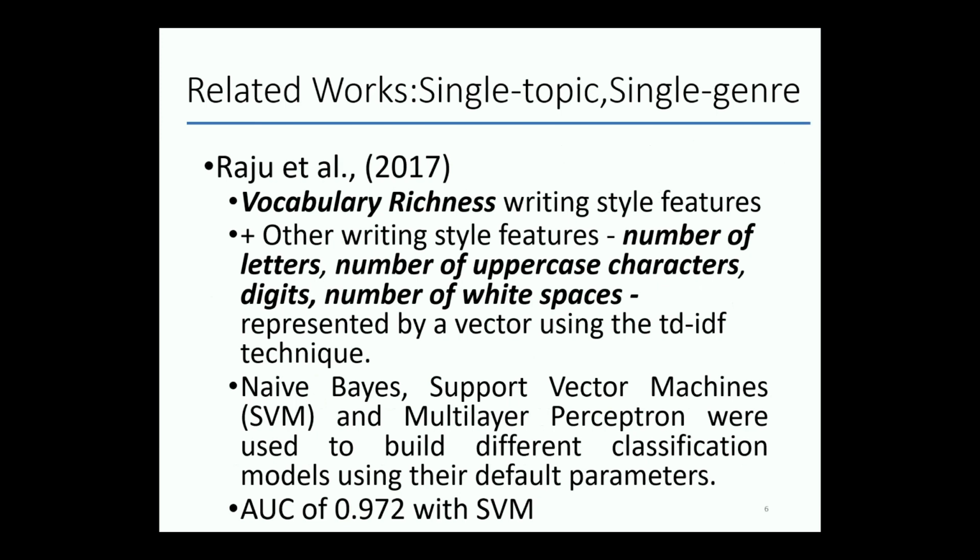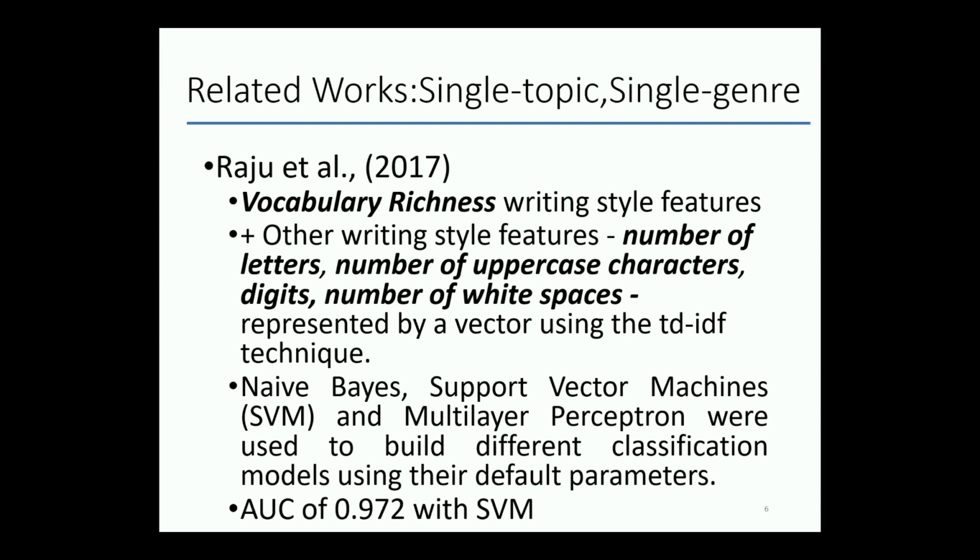For related works on single-topic and single-genre documents, there are various authors who looked at this. Raju et al. 2017 looked at vocabulary richness, the writing style features that make it up, and other features like number of letters, number of uppercase characters, digits, number of white spaces, and so on. The writing style features have to have a representation so that you can fit them into the classifier.